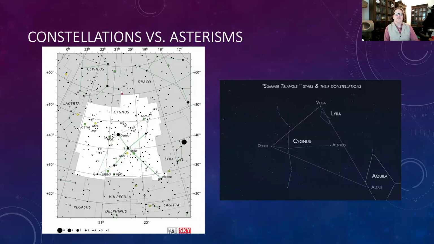Vega is in the constellation of Lyra, Altair in the constellation of Aquila. These are three very bright stars, and particularly in a light polluted area, they are very prominent in the night sky and very much make a triangle. Although, technically speaking, if you've got three stars, you're going to make a triangle. But these are three very bright, well spaced stars.